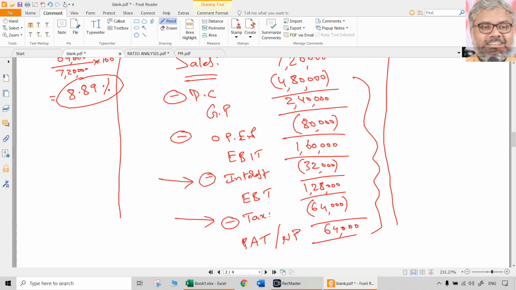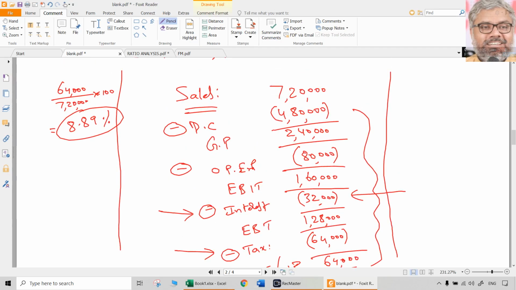Nothing. Interest is related to your capital structure. Irrespective of whether you purchased the assets with debt money, loan money or own money, assets will generate the revenue. So our target of this ratio normally is to know what is the utilization of assets, whether they are utilized effectively or not.